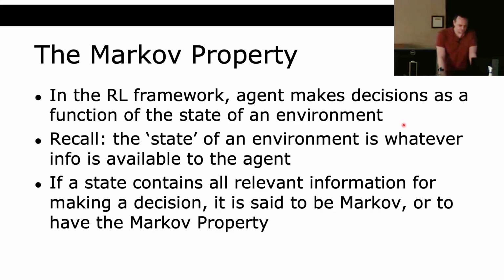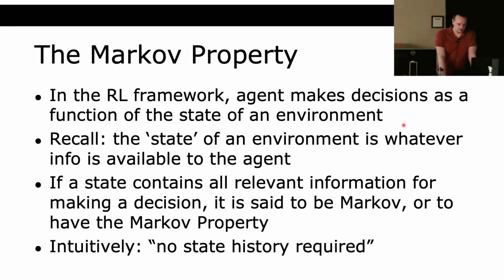If a state contains all of the relevant information for making a decision, it's said to be Markov, or to have the Markov property. Intuitively, this means that if there's no state history required, as we talked about all the way back at the beginning, then the Markov property holds.